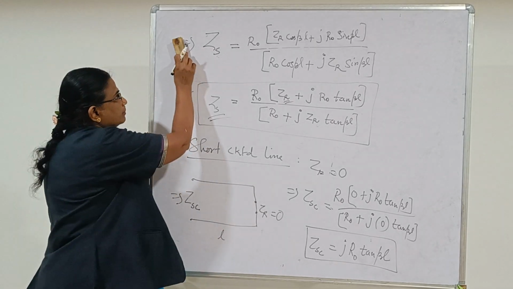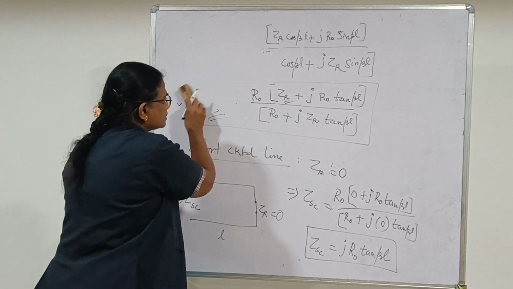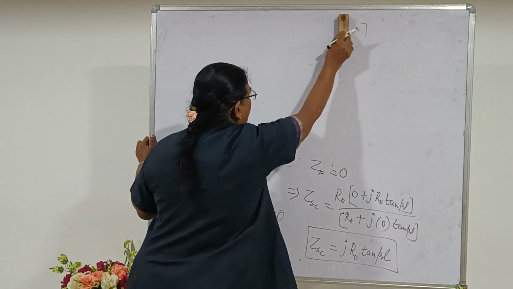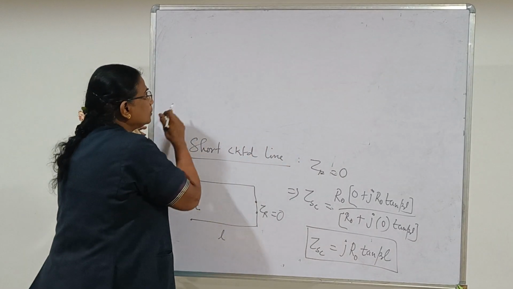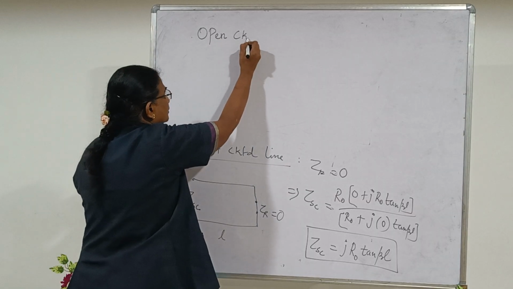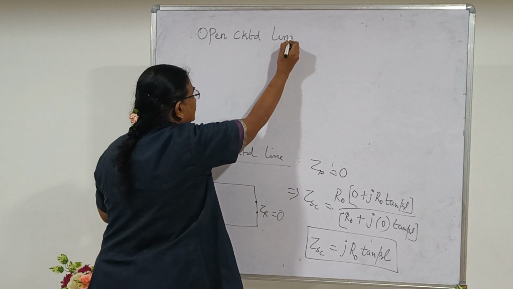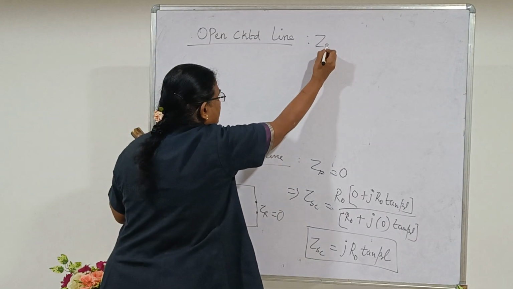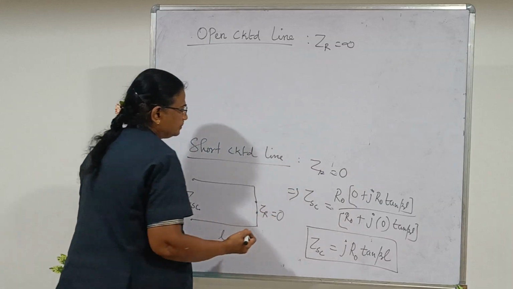So the open circuited line is one whose terminating end impedance is very high or infinity. So open circuited line is one wherein ZR is infinity.